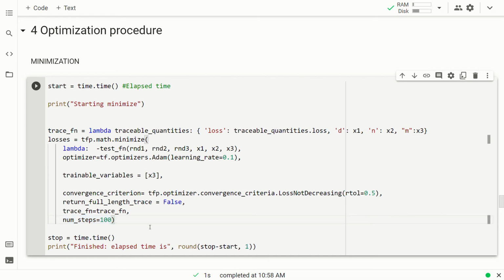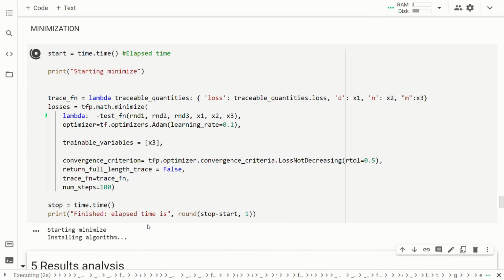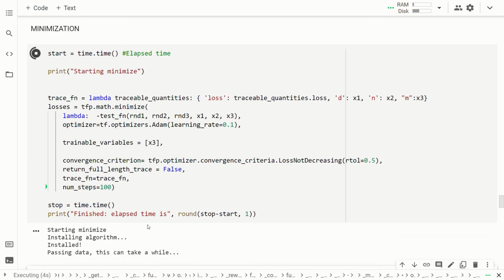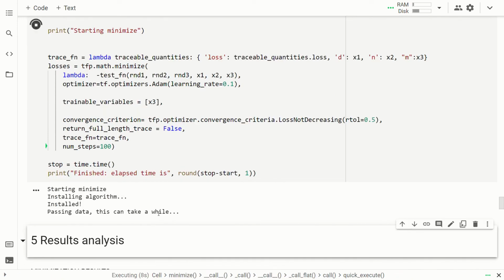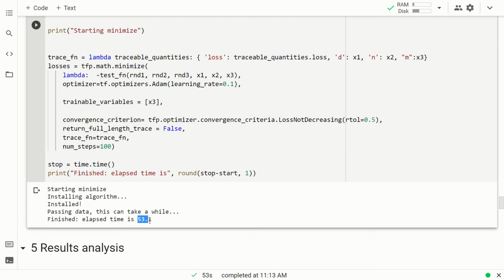So I'm going to run this cell. This is running. Okay, now it has finished in 53 seconds. That was okay. For you, probably it was less.